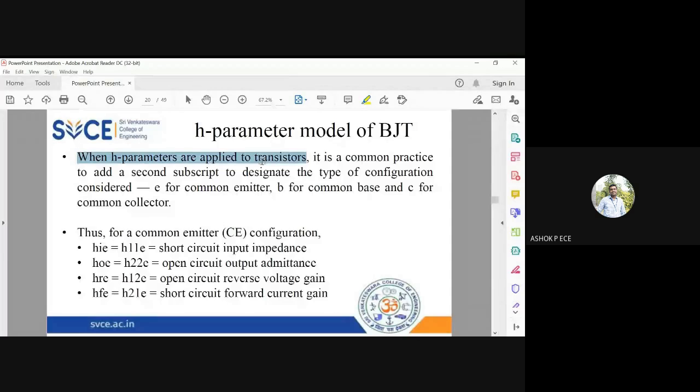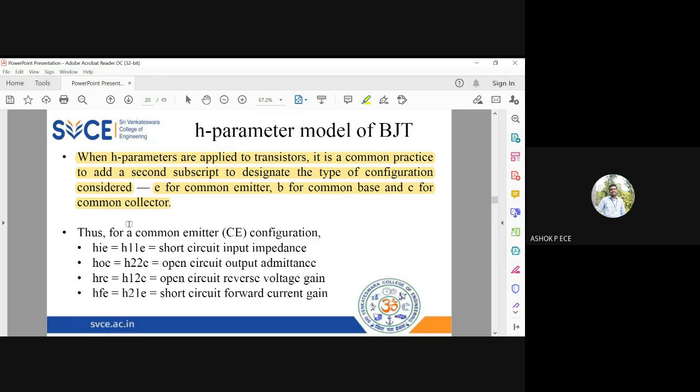The H parameters are a very common practice for manufacturers to label a transistor, and depending on common base, common emitter or common collector, we'll be suffixing it with E, B, and C. E is for common emitter, B is for common base, and C is for common collector.